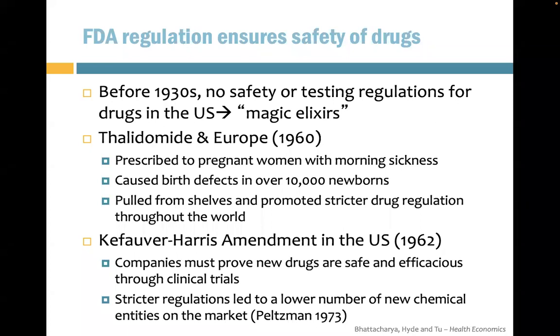In Europe, in 1960, a drug was prescribed to pregnant women with morning sickness, and it caused birth defects in over 10,000 newborns. This drug was eventually pulled from shelves and promoted stricter drug regulations throughout the world.